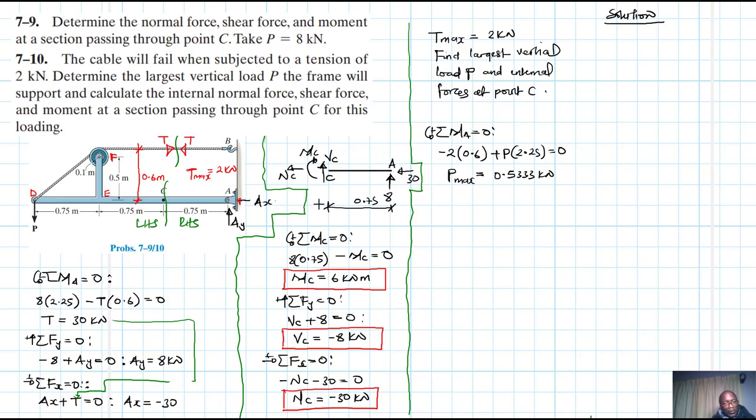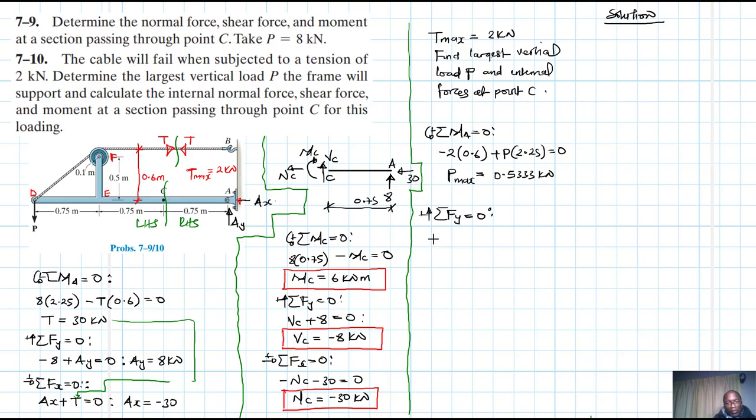With that P, we can find the reaction forces, so I use the simplest section. Let's now find AY and AX. So just say summation of forces in the Y equal to 0.